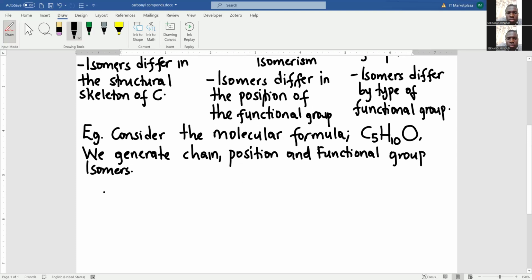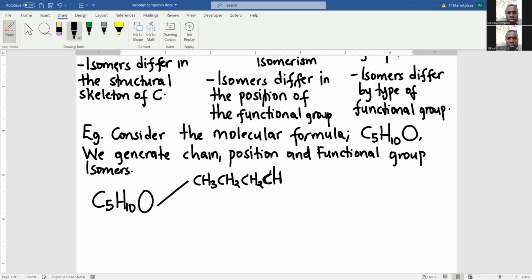So out of C5H10O, I can generate CH3CH2CH2CH2CHO.